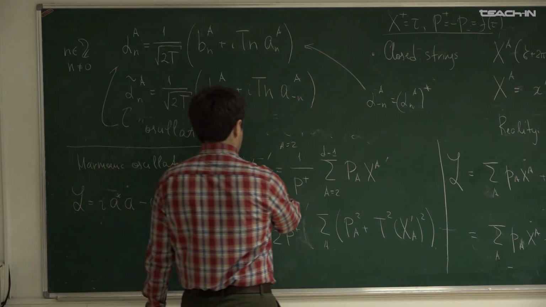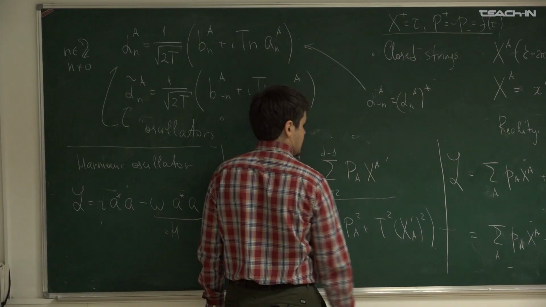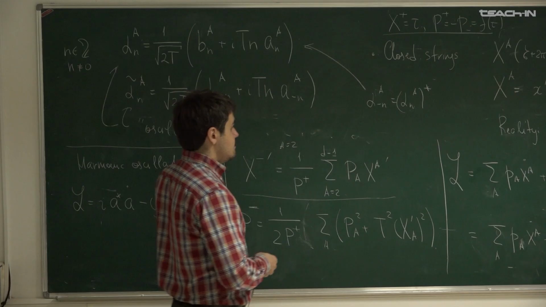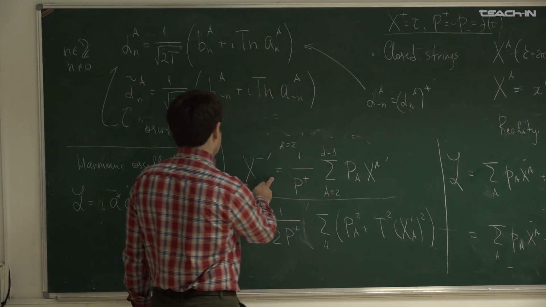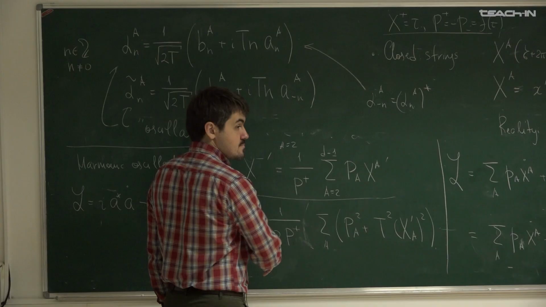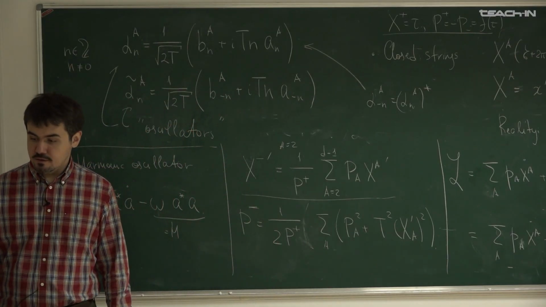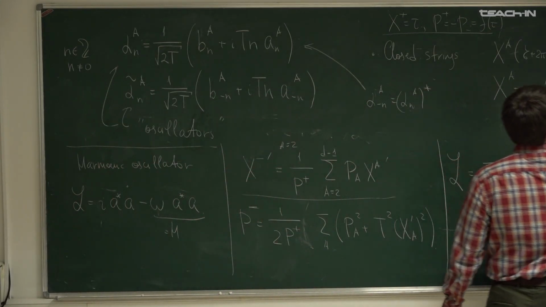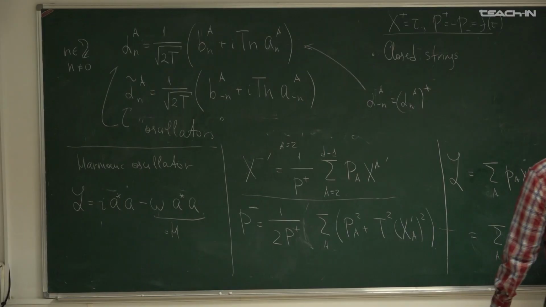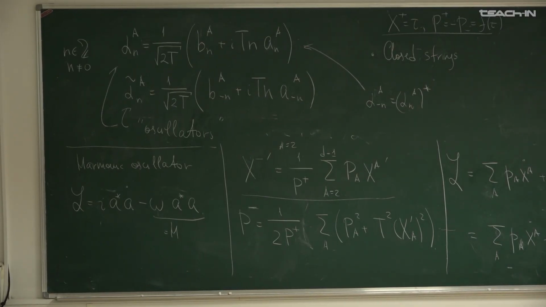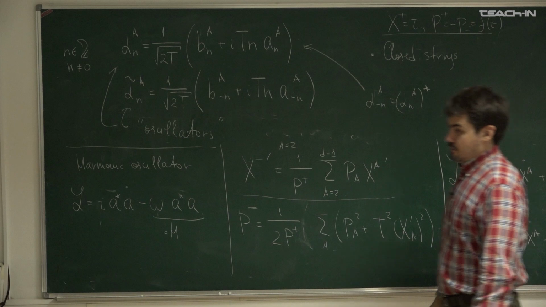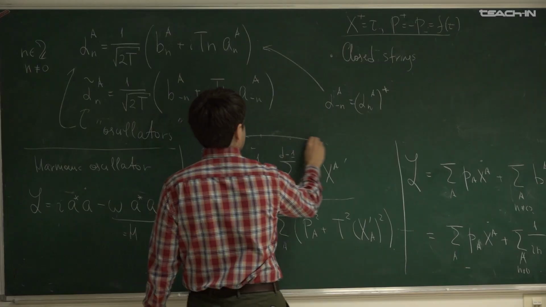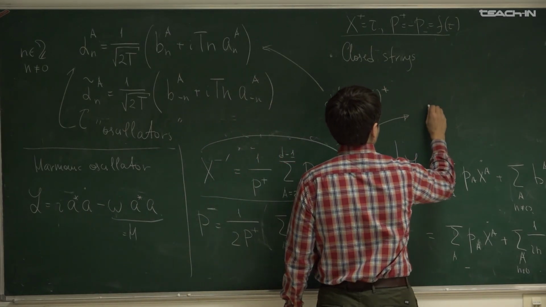From this thing here, we see that if we integrate it over sigma, there's still some constraint appearing. So let's integrate it over sigma.